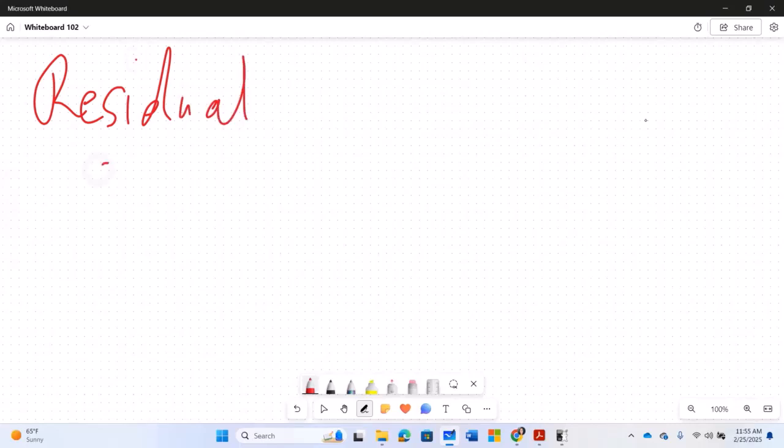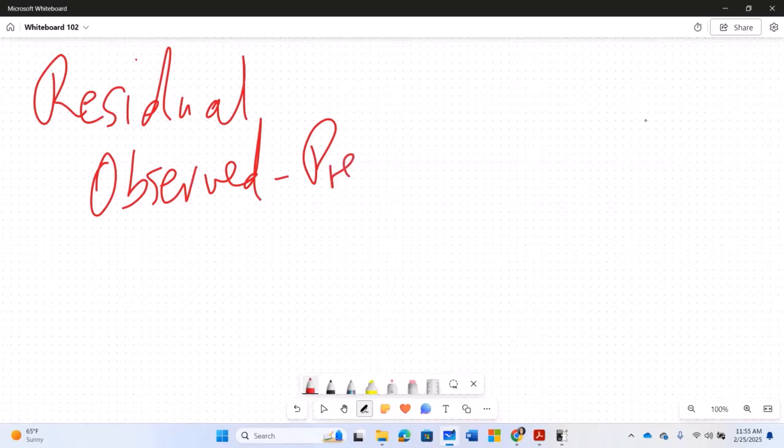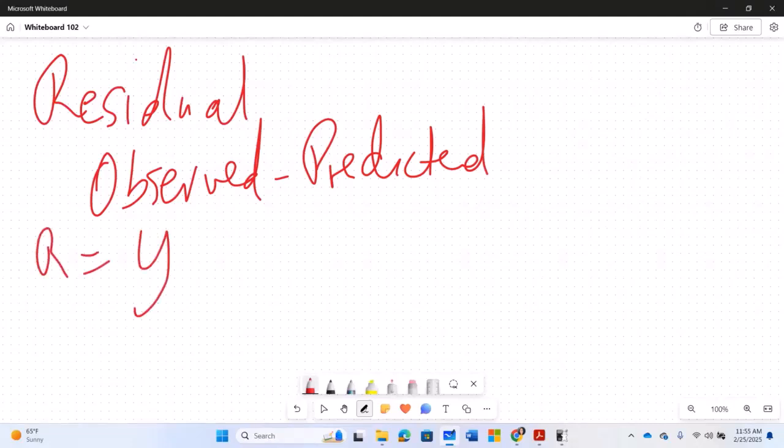We are told to calculate the ordinary residual. So residual R is calculated by observed y minus y hat.